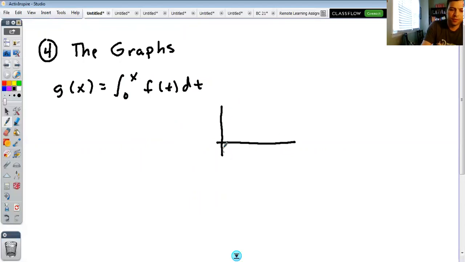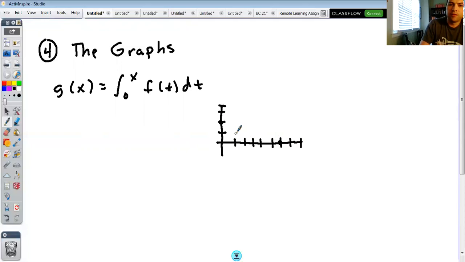the graph of f. So I'm going to create a nice looking sketch here. Three, four.